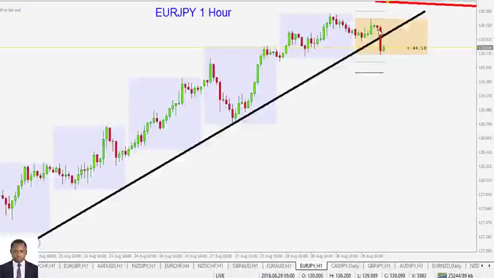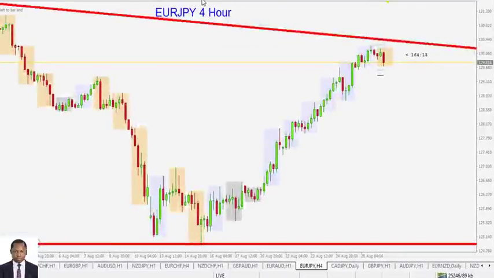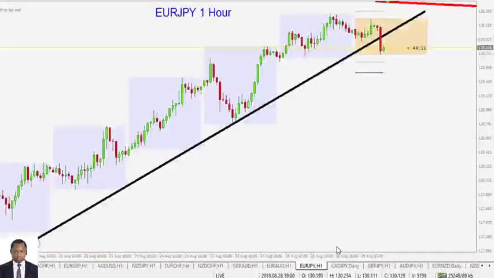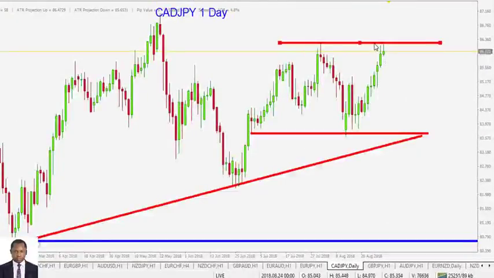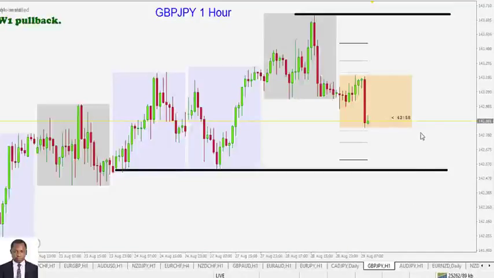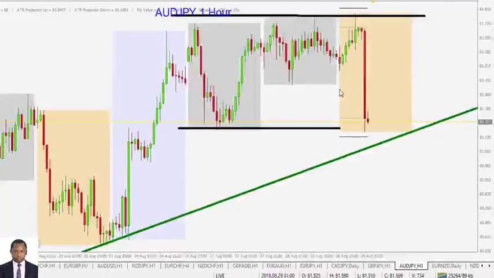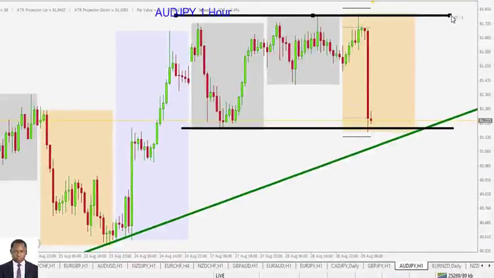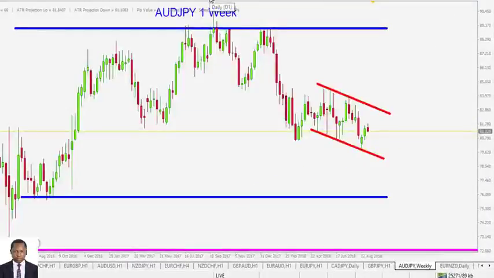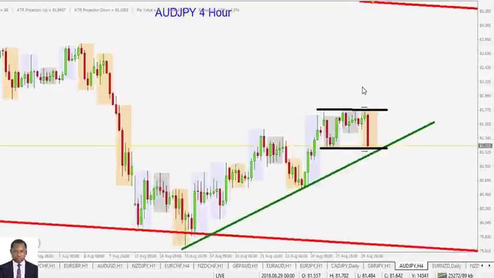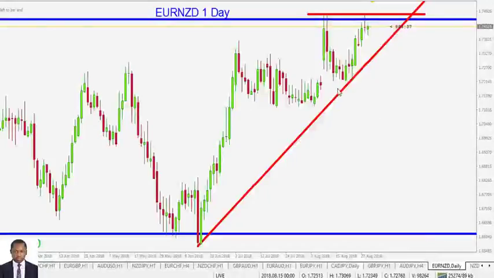Euro against the Japanese yen. No, not yet. Okay, we'll keep our eye here as well. Let's watch that by the end of today. Sterling pounds against the, nothing here. Australian dollar against the Japanese yen. Right.